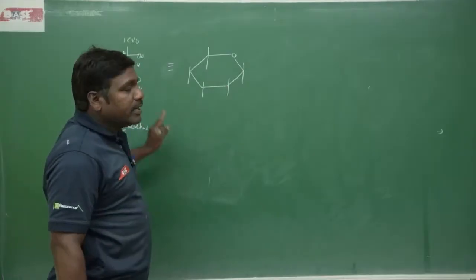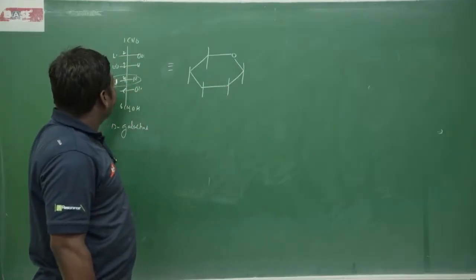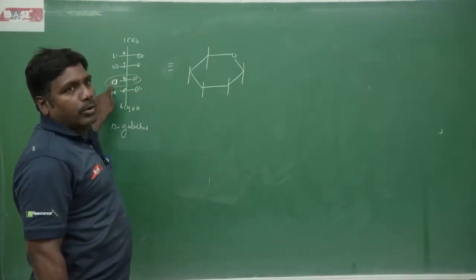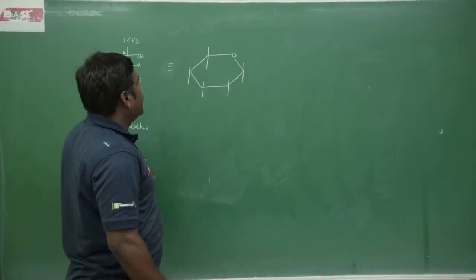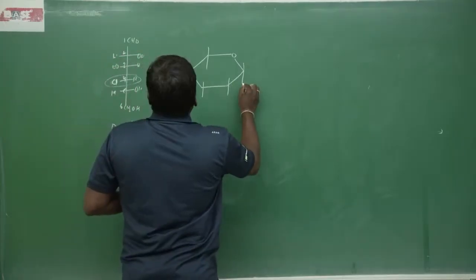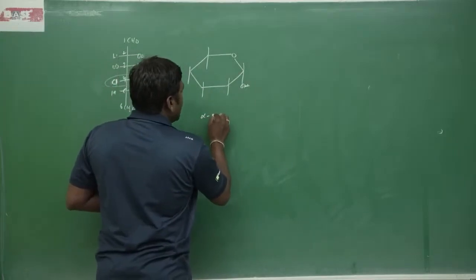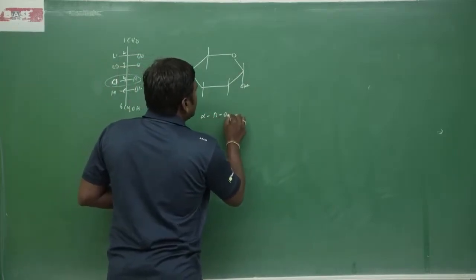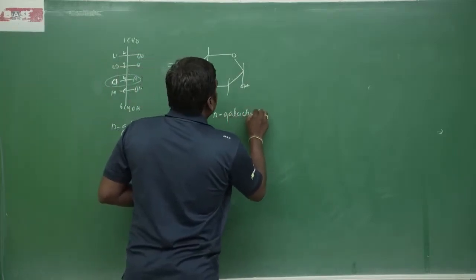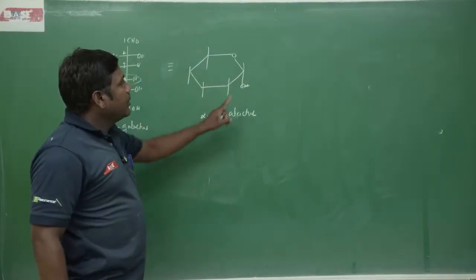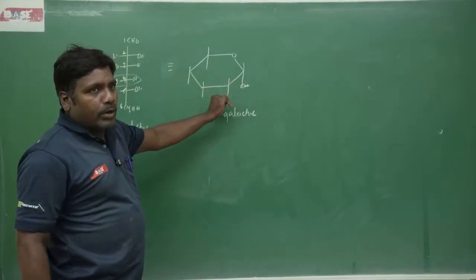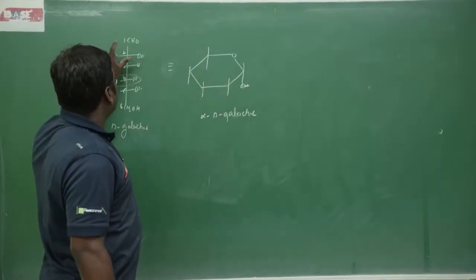Haworth structure means a ring form of the 4-deoxychloro galactose. Here the OH group is at the bottom. Why? Alpha compound, alpha D galactose. In the alpha D galactose, the OH group is at the bottom. The remaining things you write as they are.